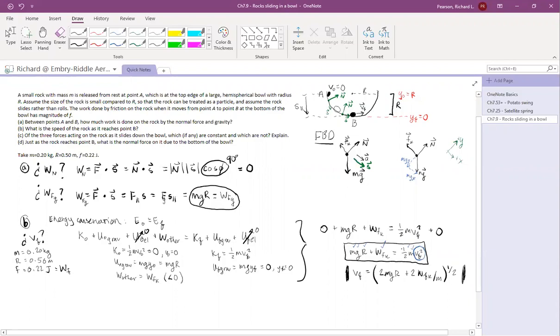So we can look at this and see that the final velocity, oh, darn it. I'm missing something. Can you identify what it is that I forgot to do?